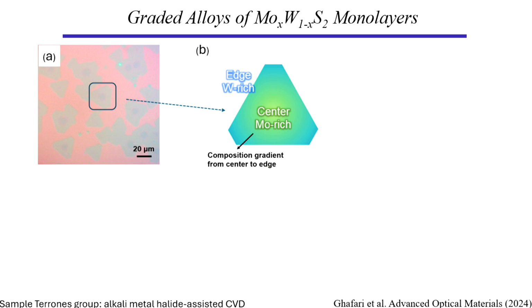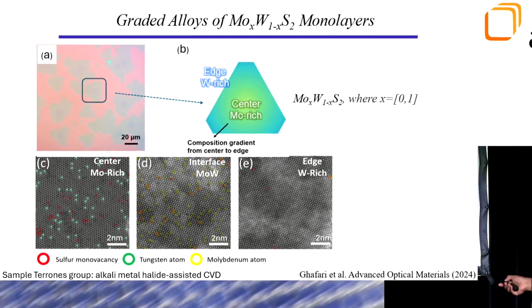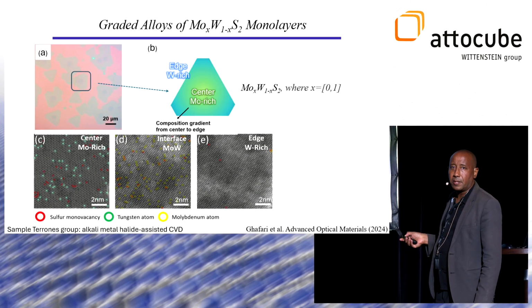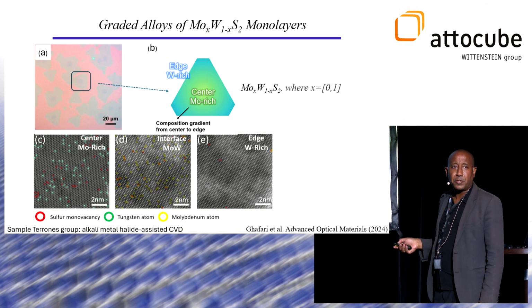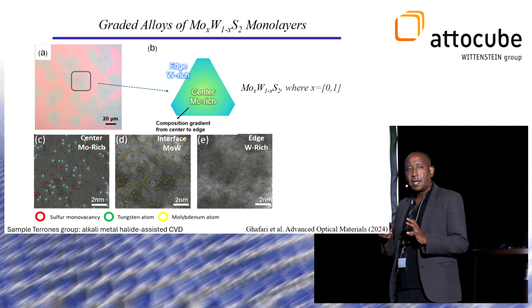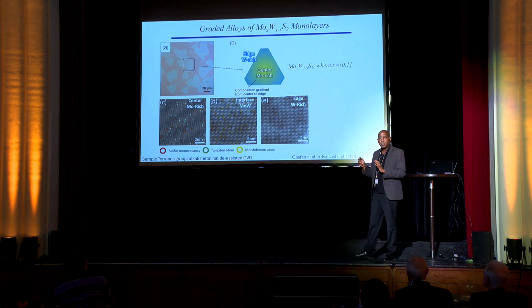And so you get a very complicated sample. If you look with the electron microscope, what you notice again is, as I said, the center is molybdenum rich and the edge is tungsten rich, but in the middle or anywhere between, you would see a mixture of these two. And the gradient is formed in a continuous way.